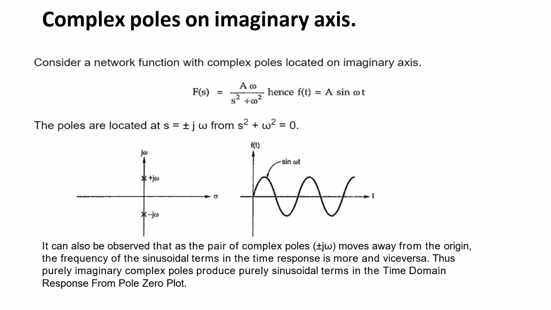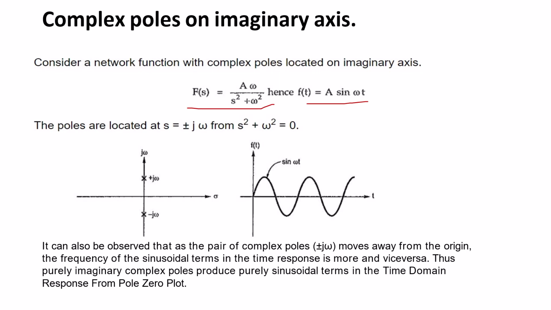Now, if we have poles located on the imaginary axis, here we have two poles located at plus j omega and minus j omega. The transfer function will be some gain k by (s plus j omega) into (s minus j omega). If you simplify, we get a by (s square plus omega square). This is in the S domain. If you take the Laplace inverse, f(t) will be equal to a sine omega t. If you plot this, the time domain response looks like this.